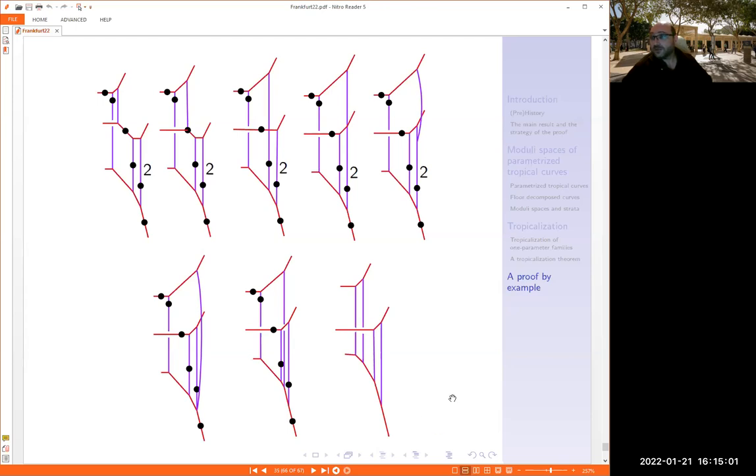Okay. So what we did, we started with some floor decomposed curve that was a tropicalization of a curve in a given irreducible component that we knew nothing about. Okay. Due to Brugallé and Mikhalkin, there is such an algebraic curve there with floor decomposed tropicalization.